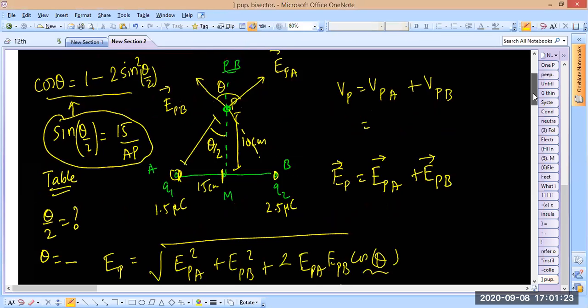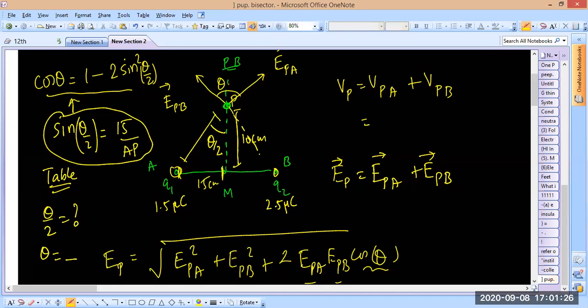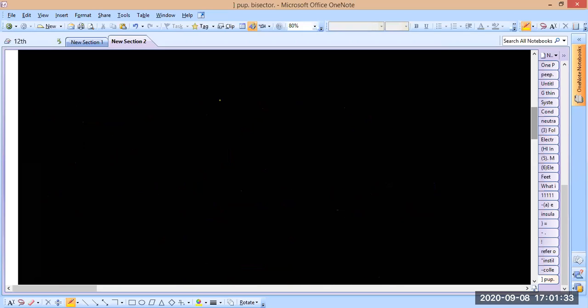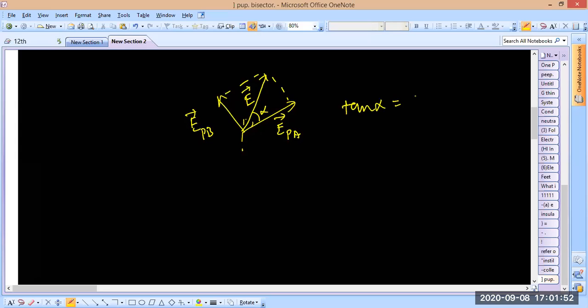The direction can be found by taking alpha here. I hope you remember that if you've got two vectors and this is their resultant, and it makes an angle alpha with the first one, then you have a formula: tan alpha is equal to b sin theta upon a plus b cos theta.